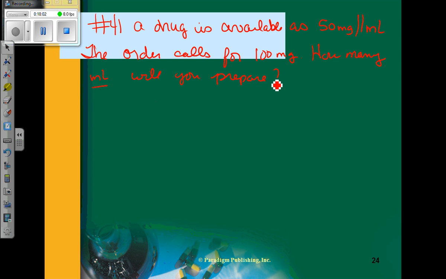So we know our known ratio is 50 milligrams per 1 milliliter. And we know our third known is 100 milligrams. You have milligrams up here, you must have milligrams on the other side.